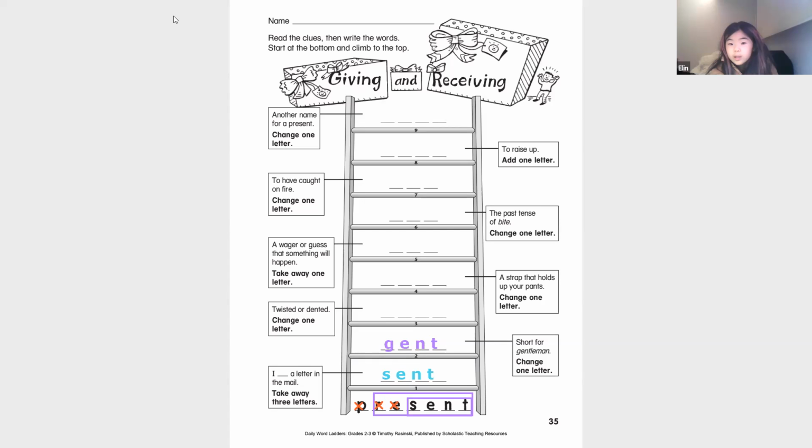Not straight. It is... Sort of. It is going to be a word that sounds like it. Yes. Right. Pop it in there.